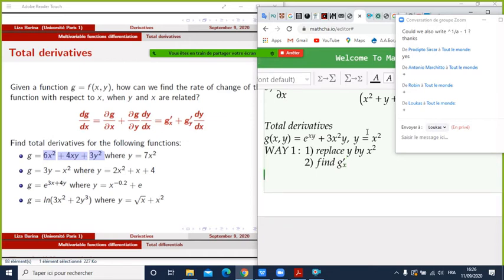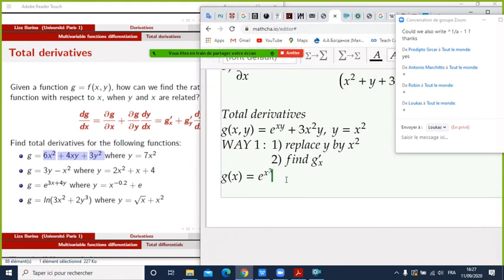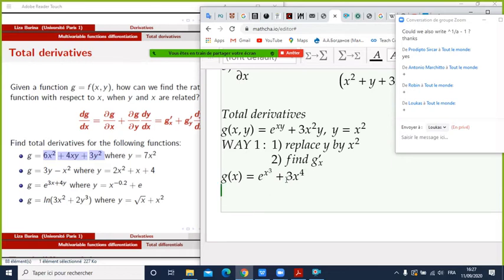Okay, let's do it, and then we use the rule, and then we will prove that they give us the same results. So if we replace, we end up with just g of x, and it will be e to the power of x cubed, super cute, plus 3x to the power of 4. Okay, easy.